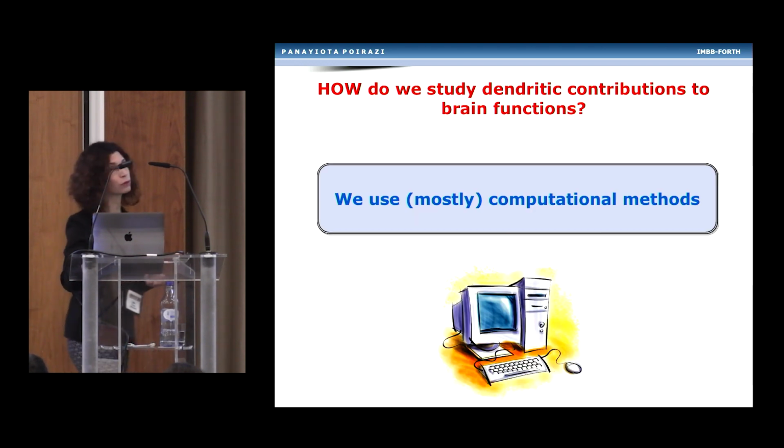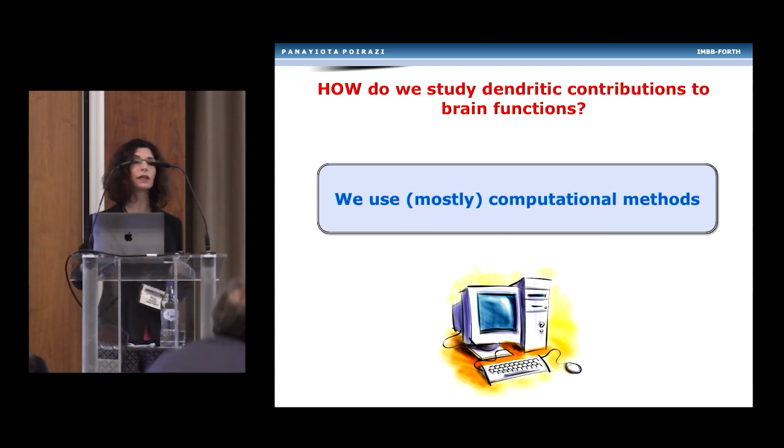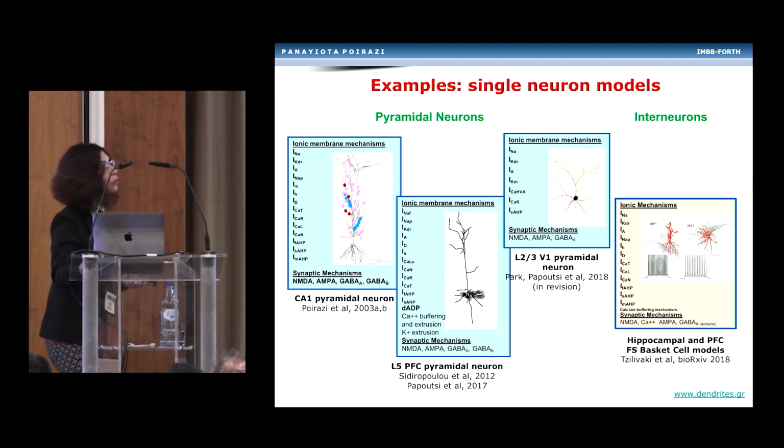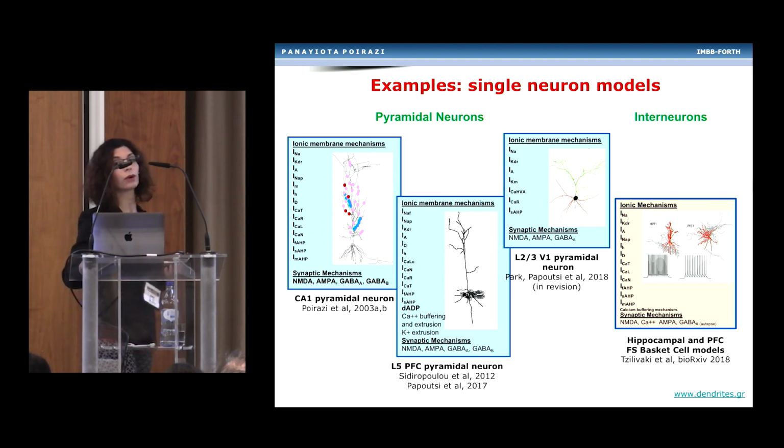In my lab, we mostly use computational approaches, although we collaborate a lot with experimentalists to validate our models and explain experimental data. We have many different kinds of models that vary in their level of abstraction. We have models that simulate the way single neurons process information in the hippocampus and the cortex, prefrontal cortex and visual cortex.